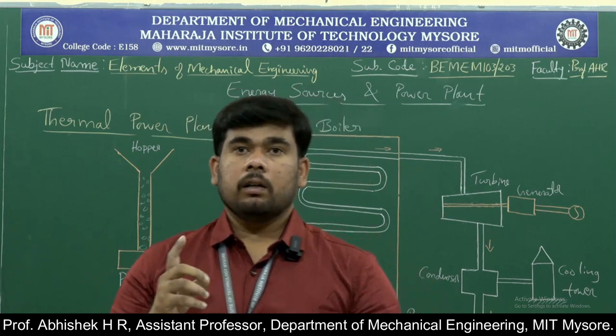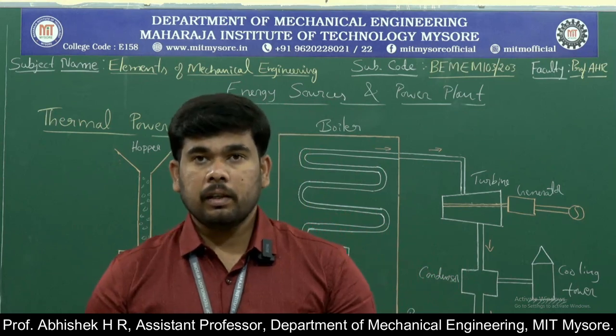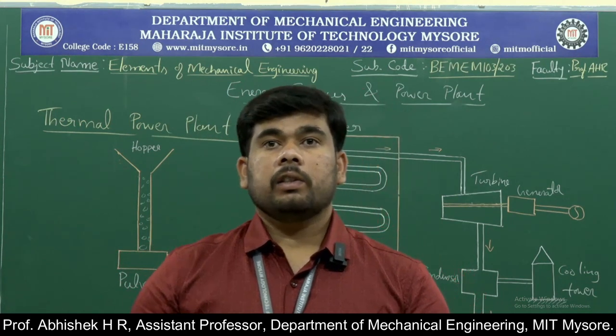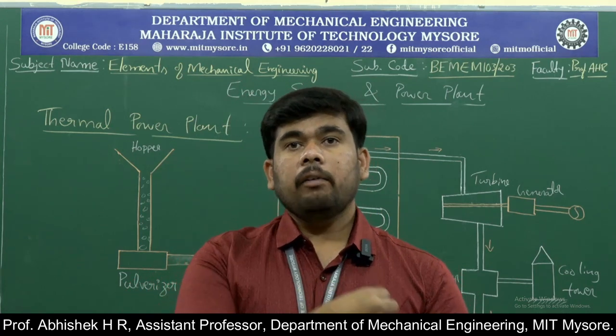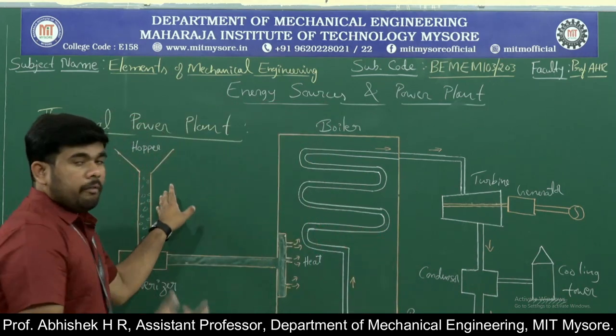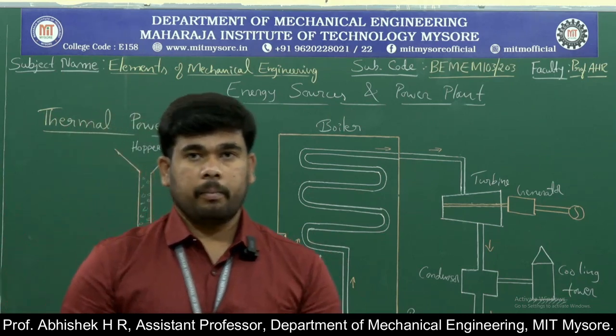That is the major thermal power plant where we generate electricity using heat. The maximum capacity of electricity that we utilize in our day-to-day life is generated from the thermal power plant. So here we are going to see the actual working of this thermal power plant.